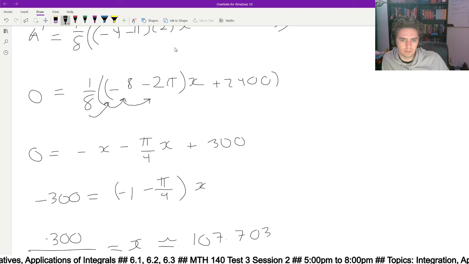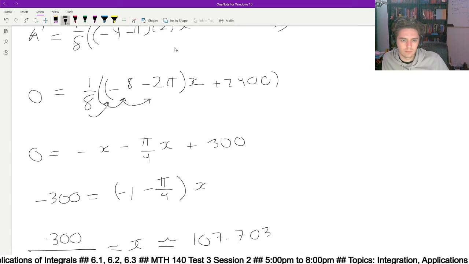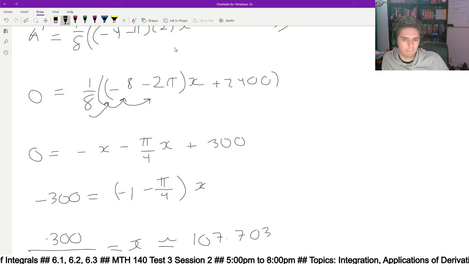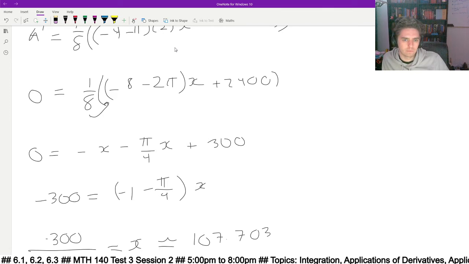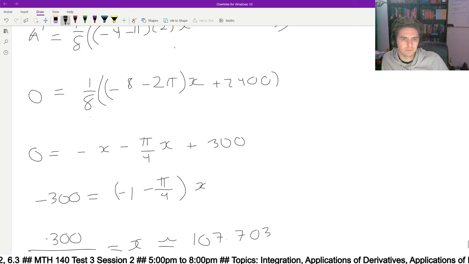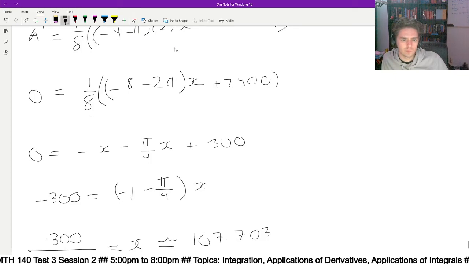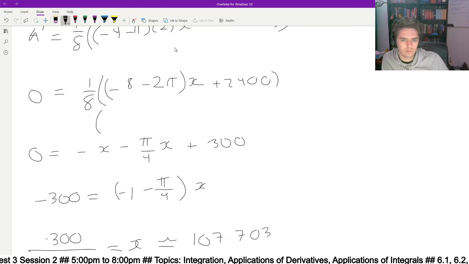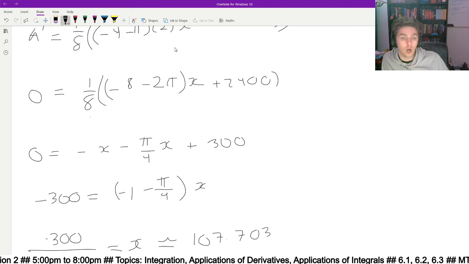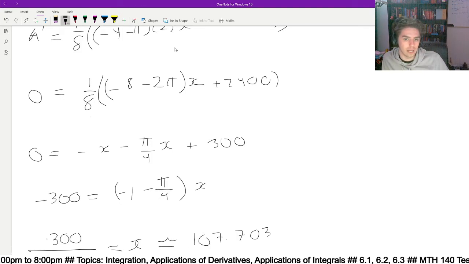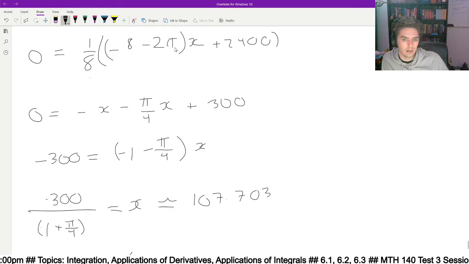Can't the minus cancel out? With what? Like, since you're rearranging, like, multiply both sides by 8. I don't know if that's right. Yeah, you could do that.